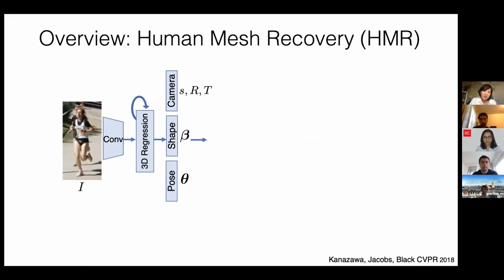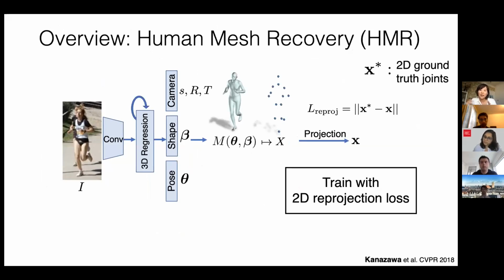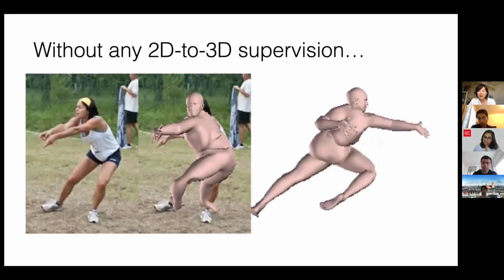We have an image, and a network that outputs 85 numbers. If you had ground truth, you could just do supervision on this, but often you don't. So again, you do this 2D reprojection: please explain the 2D joints using this 3D and the camera. So you can train on all the COCO images, which is fantastic. But of course, due to the ambiguity, if you just did this, you're going to get all these monsters.